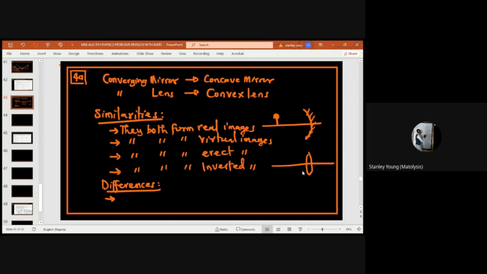So a mirror works based on reflection, a lens works based on refraction. So if, for instance, you have an object on the left-hand side of the lens, if the image is formed on the other side, the image is going to be real, which is the opposite case for a converging mirror.